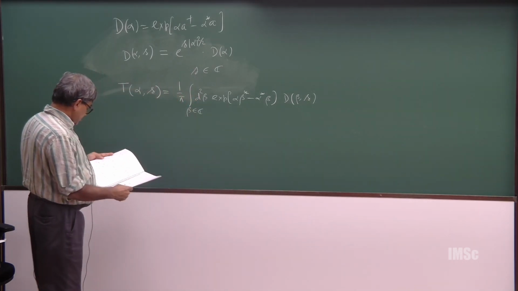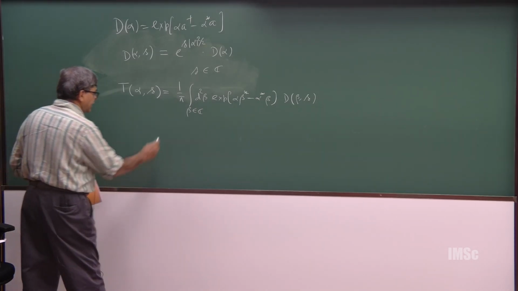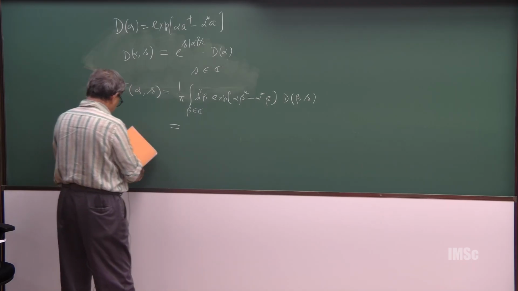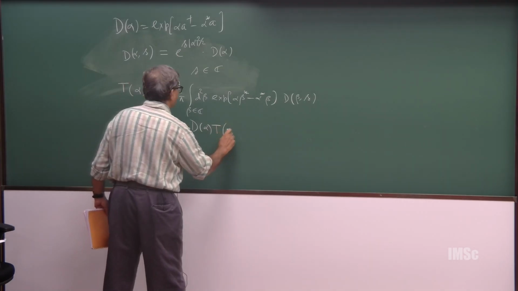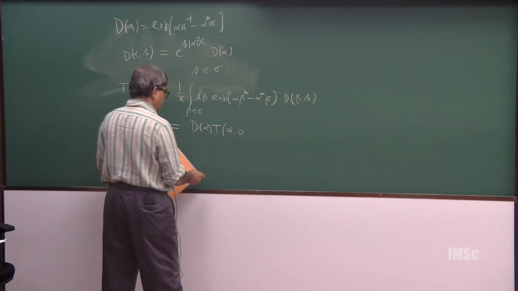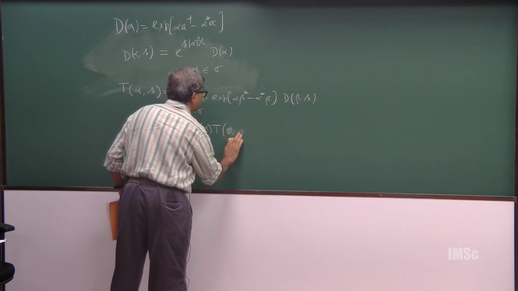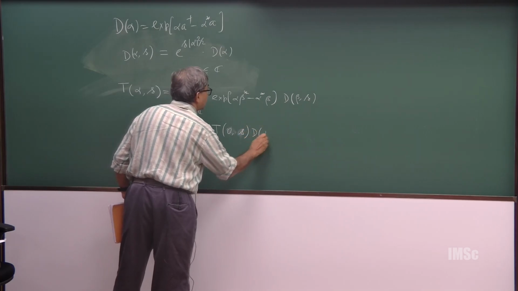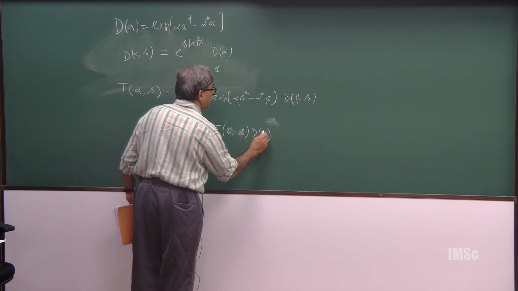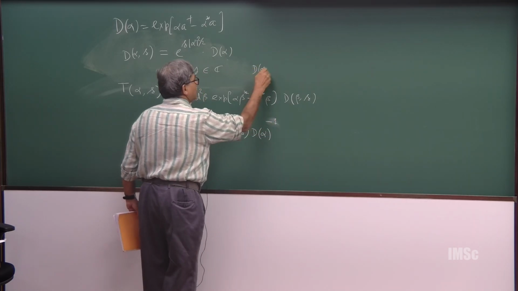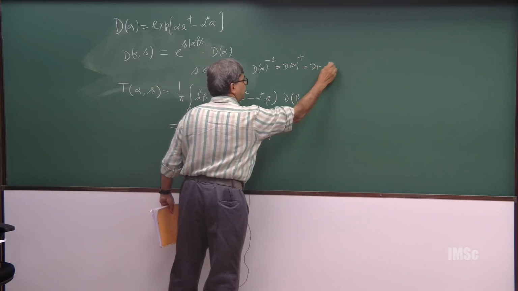And we have also seen that you can write this as your displacement operator, then T of 0 s, and then D of alpha inverse. D of alpha inverse is equal to D of alpha dagger is equal to D of minus alpha.